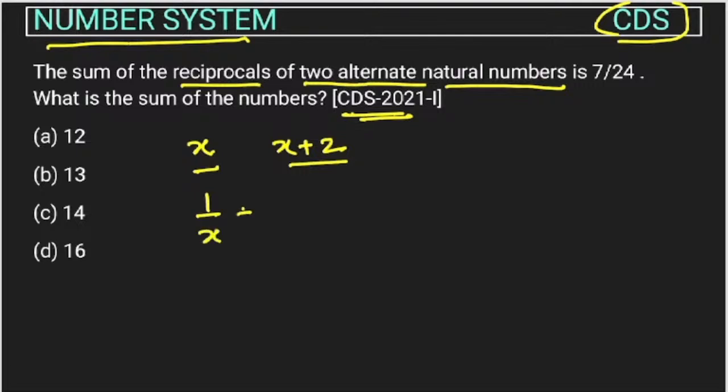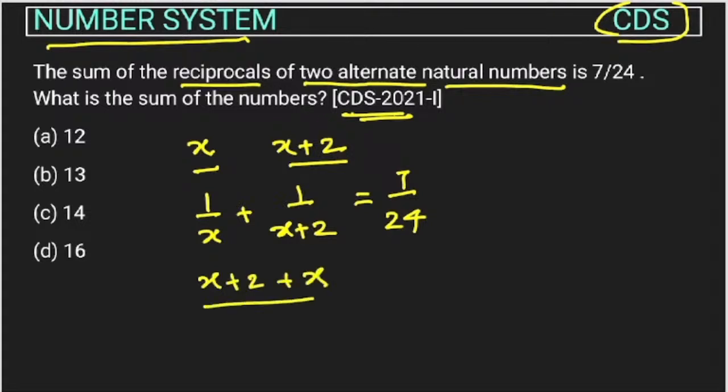So this is 1 upon x plus 1 upon x plus 2, which is given equal to 7 upon 24, right? So this will become x plus 2 plus x, over x and x plus 2, equal to 7 upon 24.